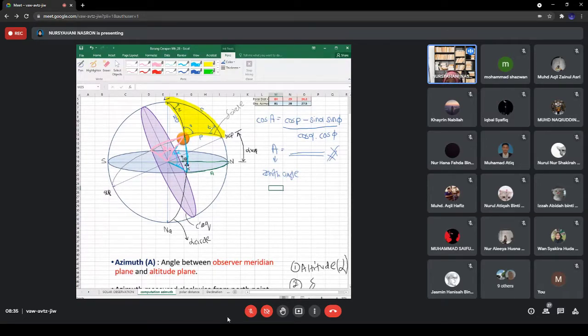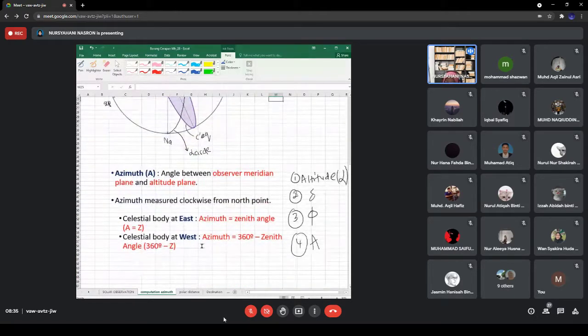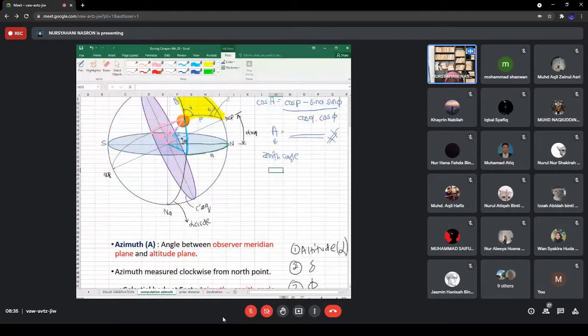So it becomes two different positions, east and west side. Again, to calculate the zenith angle, it has two positions, east and west.